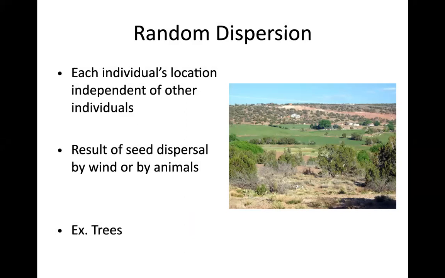You might have a group clustered in one area and then some of them spread out further later on. And like I said, a lot of this is due to water and wind dispersal of seeds. So clumped, even, and random distribution are the 3 types of dispersion that occur in populations.